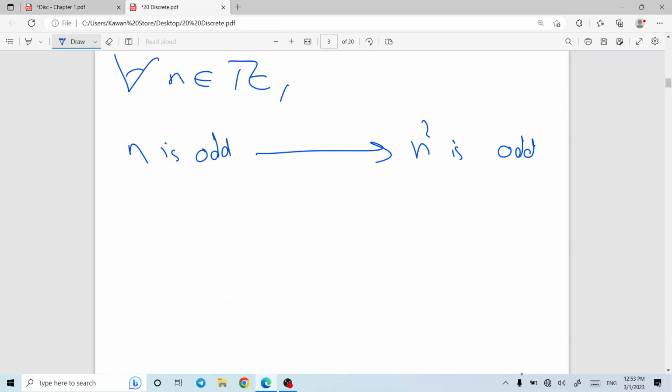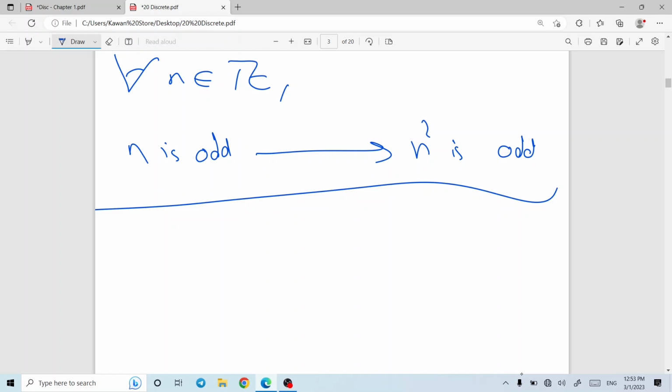What's an odd number? Yes, a number that is not divisible by 2. That's the first. Another one.